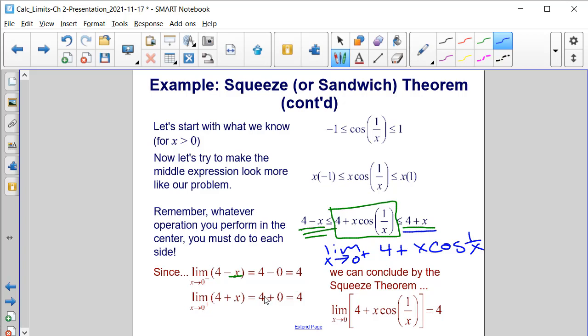And if we substitute 0 directly in there, we get 4 plus 0, which is equal to 4. Therefore, we can conclude by the squeeze theorem that the limit of 4 plus x cosine of 1 over x as x approaches 0 is indeed equal to 4.